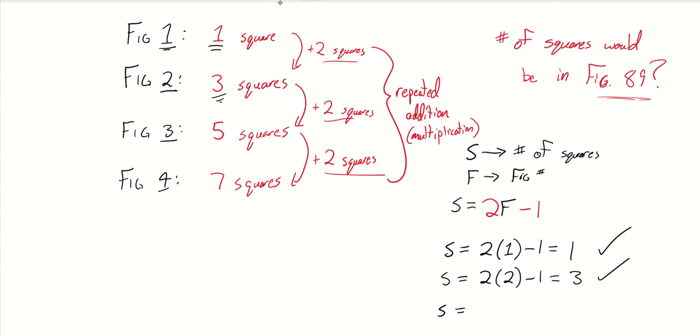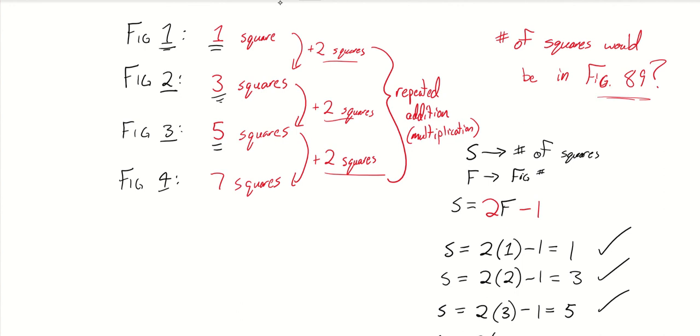So for predicting the number of squares that would be in figure number 3, we just plug figure number 3 into our input here for f. And 2 times 3 is 6, minus 1 is 5. That's good. And then finally, for figure number 4, will this predict the correct number of squares?